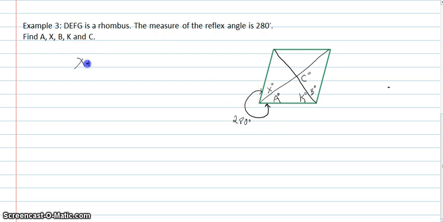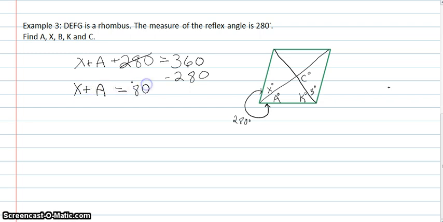So x plus a plus 280 would equal 360. So what I need to do is subtract the 280 degrees from 360 to move it to the other side. So I know that x plus a is equal to 80.